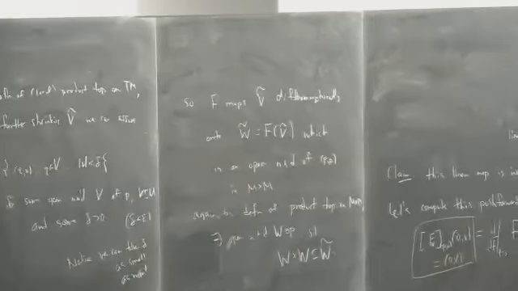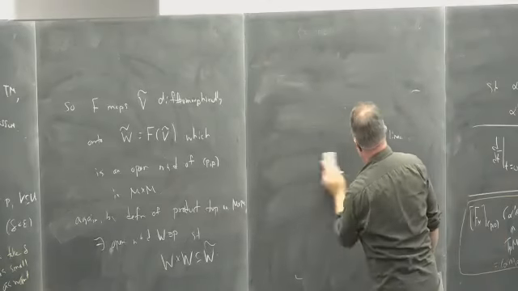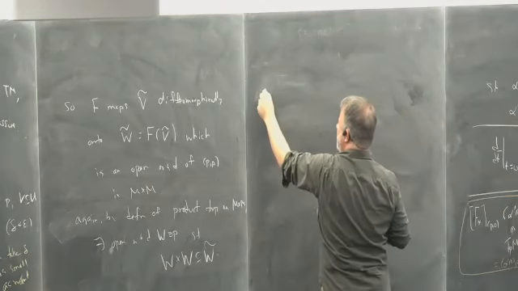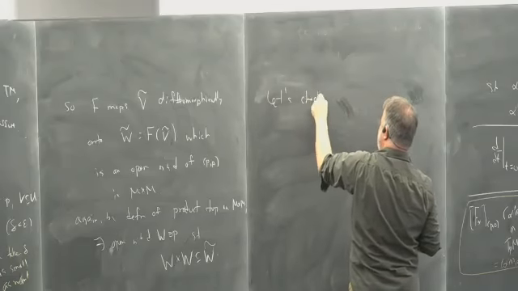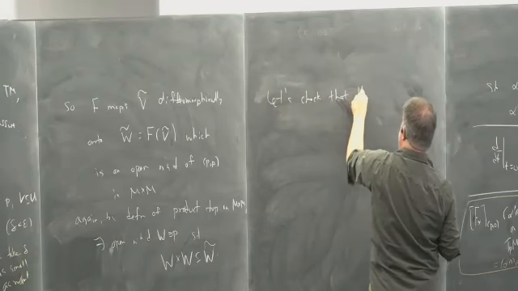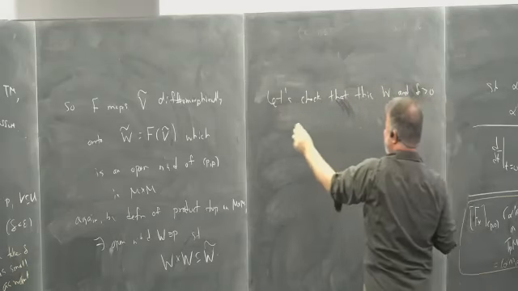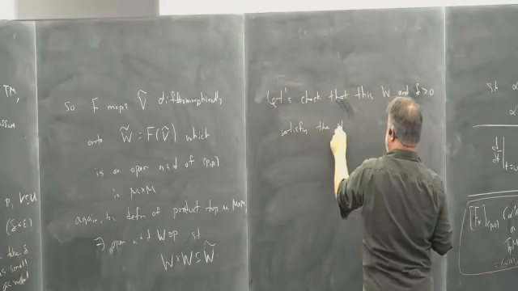So let's just unpackage what we've done and see why it works. Let's check that this W and delta satisfy the statement of the theorem.